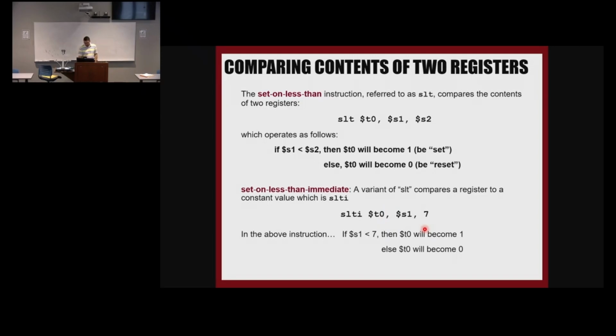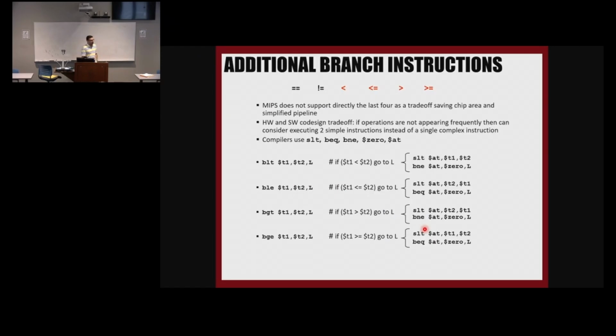Okay? So now with this information, we can implement other conditions like greater than or equal, less than or equal, and so on, with the combination of branches and set less than. We don't actually have basic instructions for greater than, smaller than, greater than or equal, smaller than or equal in MIPS. So this was a design choice. They didn't want to have another hardware to take care of that specifically.